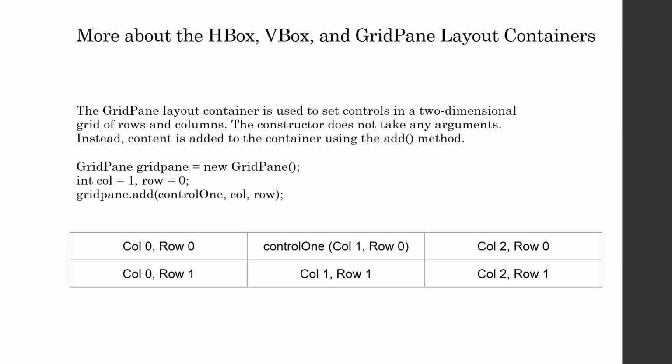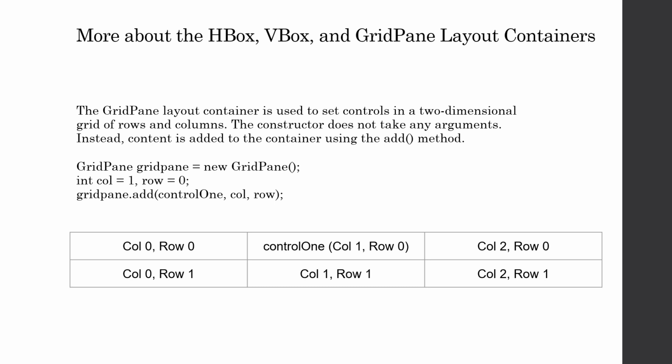So you will initially create an empty GridPane, and then you're going to use the add method on that GridPane object that you just constructed to add content to your GridPane.